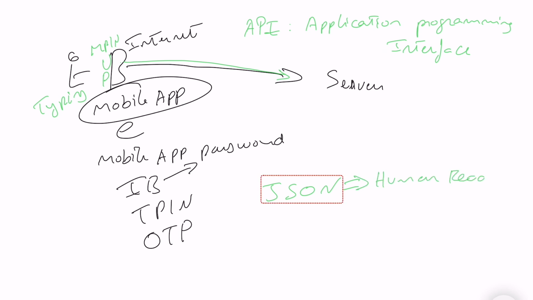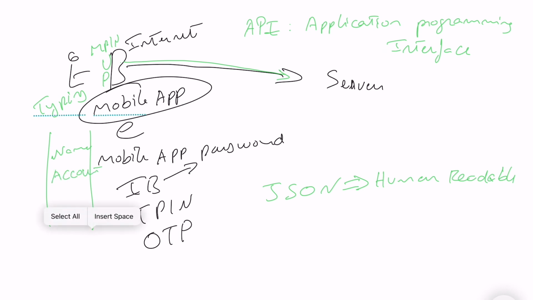You may feel that this is something very complex, that we are going into some deep concepts. Don't worry about that, that is not the case. It is very simple. You can imagine that when this user is typing, he's actually typing something on a paper. For example, he can type his name, give his account number, and then maybe his MPIN or password on a paper, and this paper is flowing.